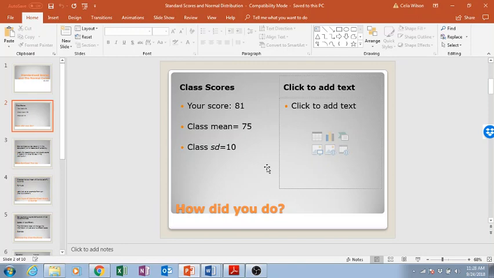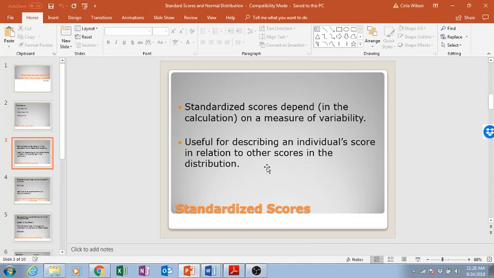One way we can figure that out is to look at your score in terms of a standardized score. We are going to focus on standardized scores because they are useful for describing an individual score in relation to other scores in the distribution. By looking at standardized scores, we're going to be able to tell exactly what percentage of people you scored better than on that assessment.